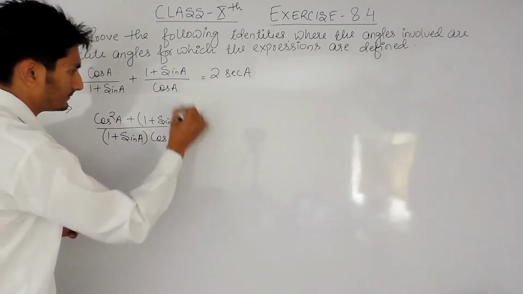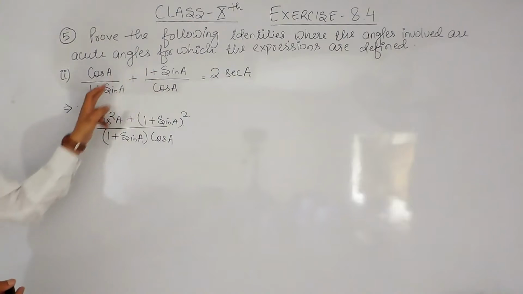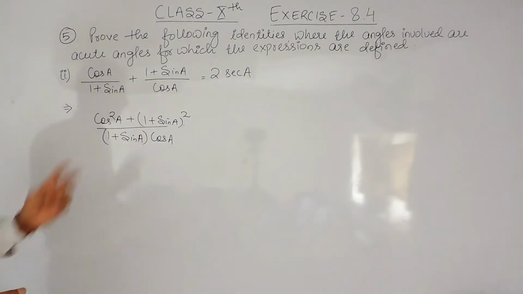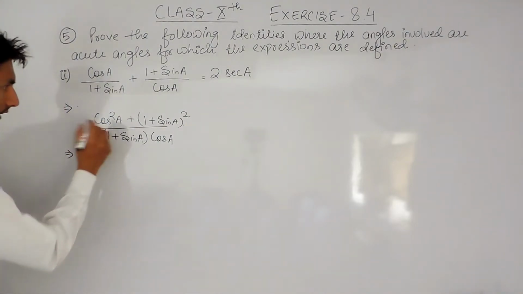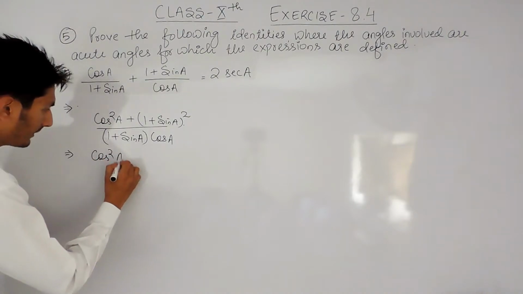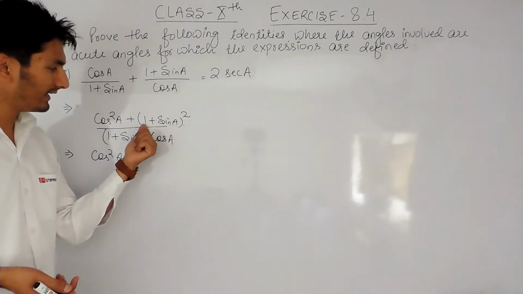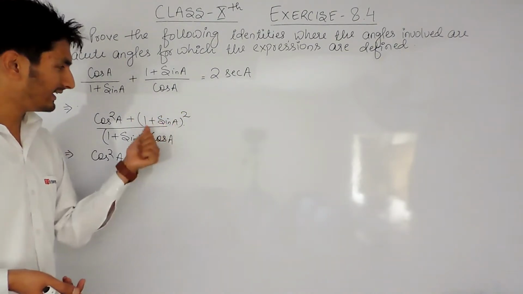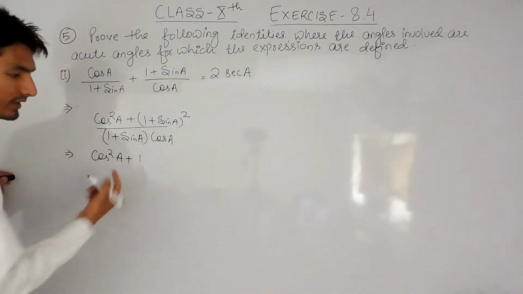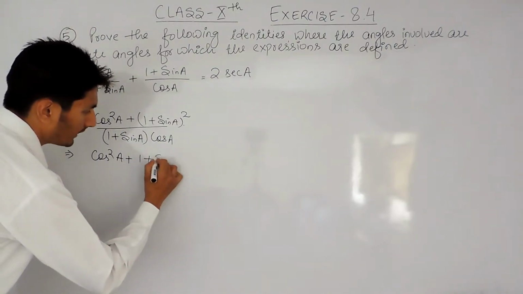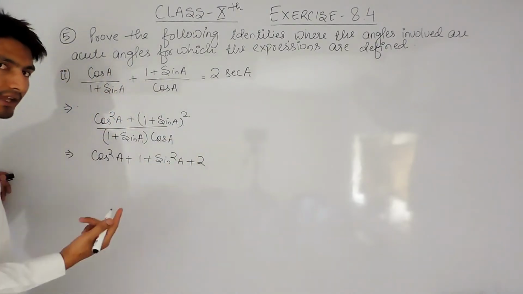Now this multiplied by this is cos square A, and this multiplied by this, these are the same thing, so (1 plus sine A) whole square. Now solve this further. This cos square theta will remain as it is, and to expand this I have to use the formula (a plus b) whole square, which is equal to a square plus b square plus 2ab.